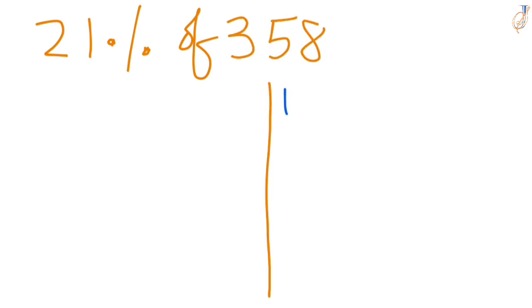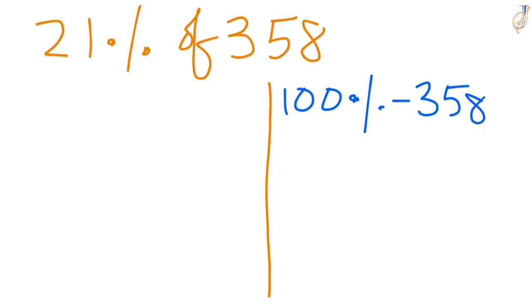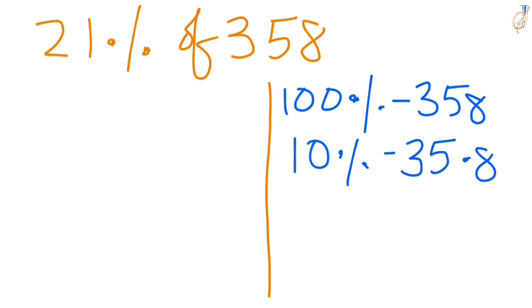21% of 358. First you have to do 100% of 358, which is the number itself, that is 358. Then 10% of 358: from right hand side move one digit and keep a decimal point. And then what is 1% of 358? Here from right hand side move two digits, keep a decimal point.